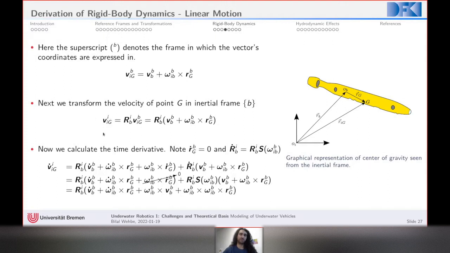So if we take the time derivative of that using these terms here, we can just expand this, and then if we cancel out all the 0 terms and replace the time derivative of the rotation matrix by the value here, we will arrive finally at a formula which is basically the rotation matrix multiplied by the linear acceleration, then the angular acceleration cross product with this RGB, or the vector of the center of gravity, plus these 2 terms here, which is nothing but the cross product between the linear and angular velocity, which is the Coriolis term.